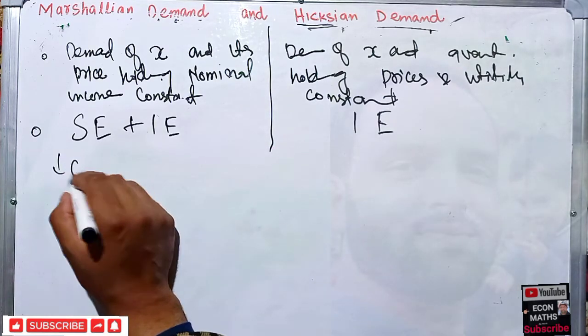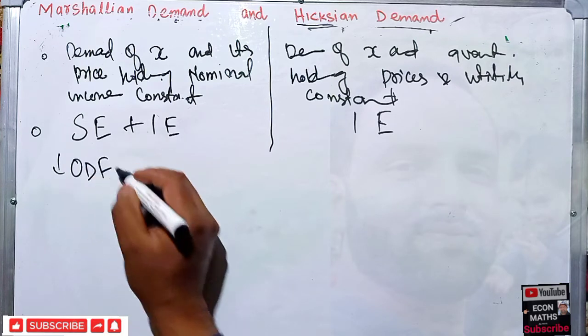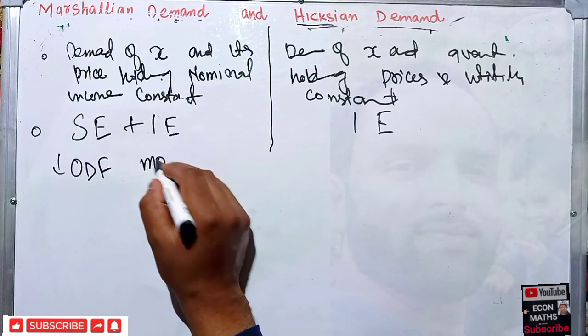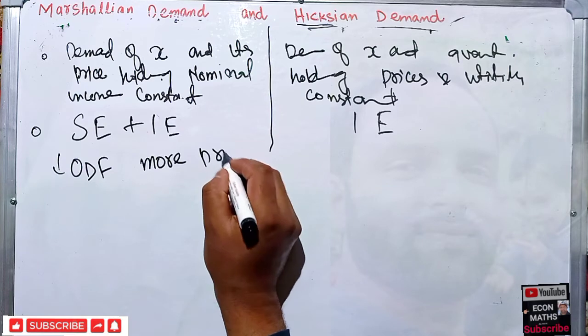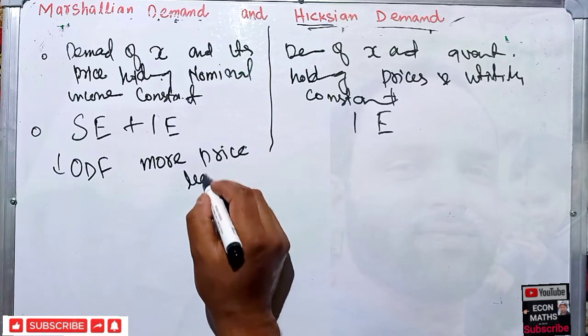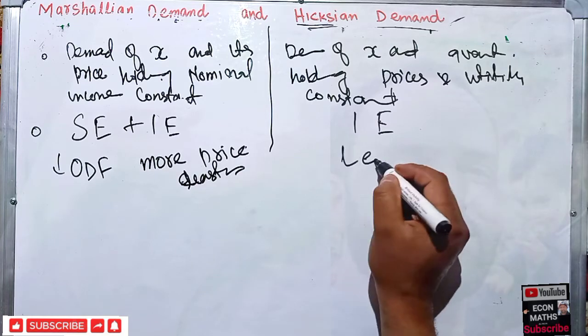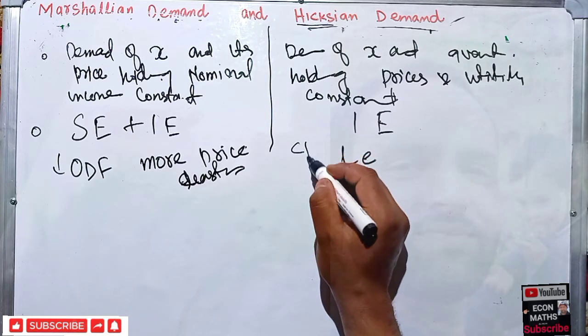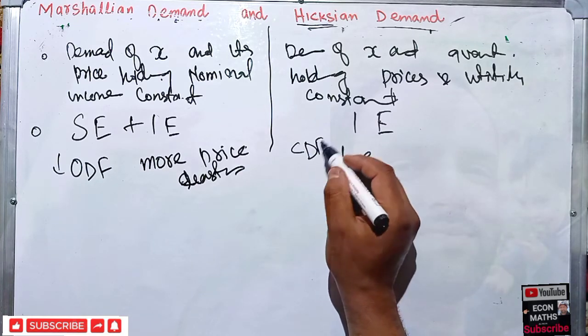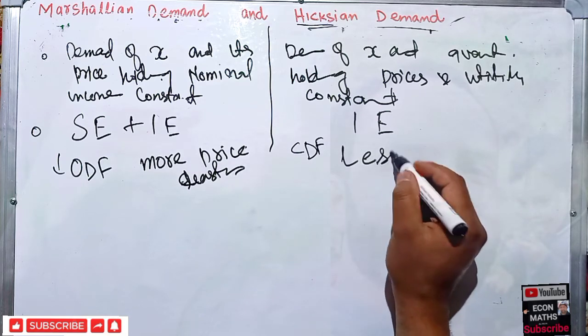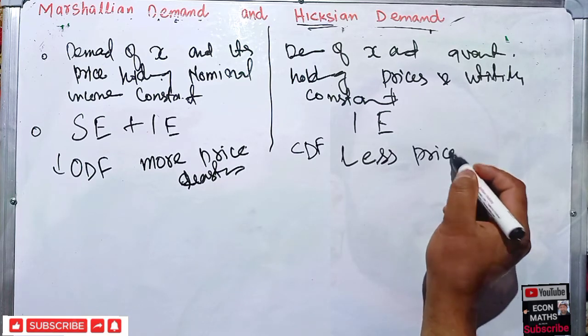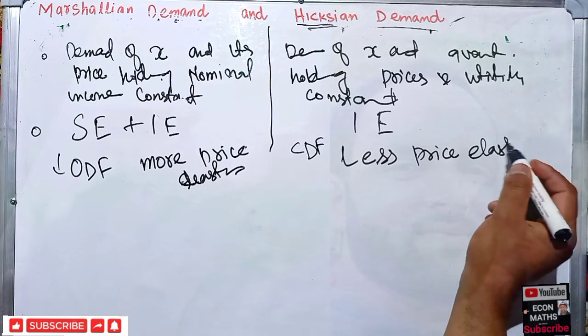That means the ordinary demand function is more price elastic, and the compensated demand function is less price elastic.